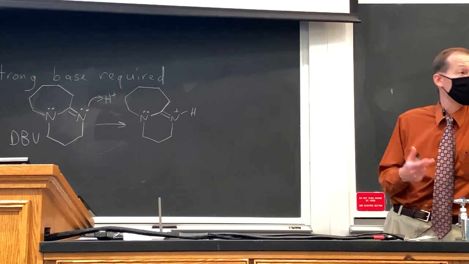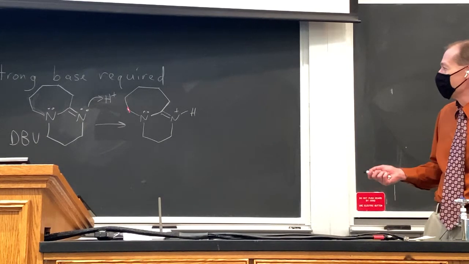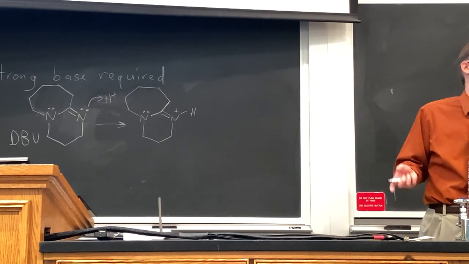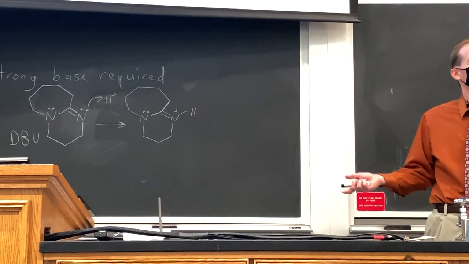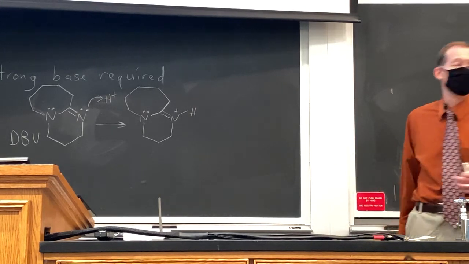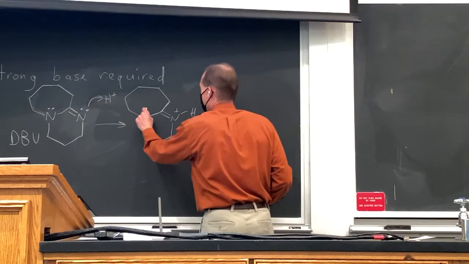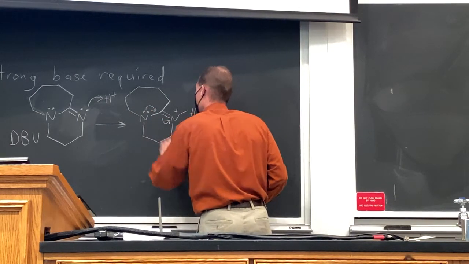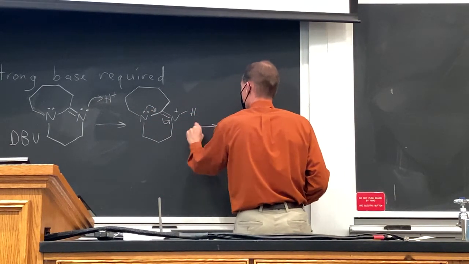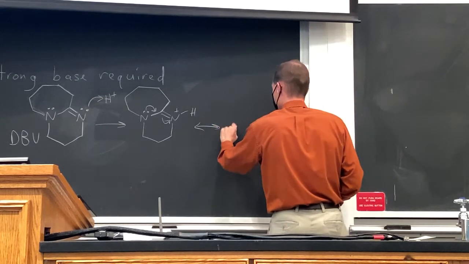So you actually can draw a resonance structure because we have a lone pair adjacent to a pi bond. Whenever we have a lone pair adjacent to a pi bond, we can draw a resonance structure. So we can push the electrons onto the positively charged nitrogen.